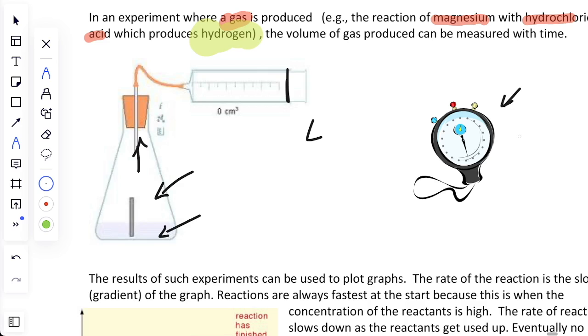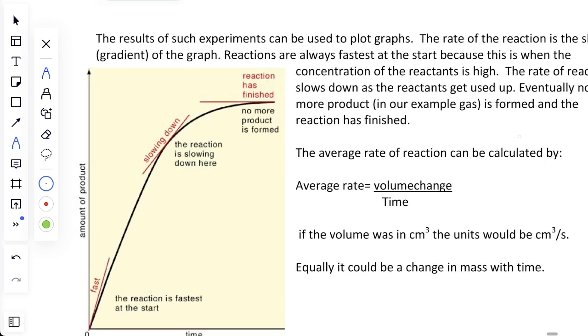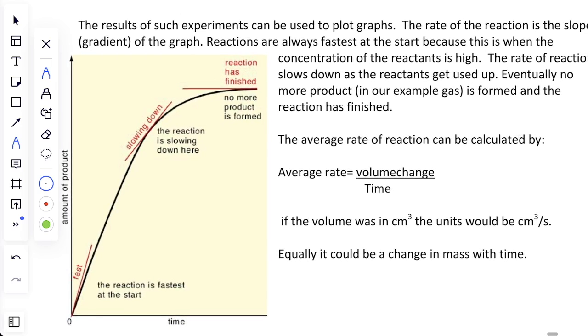Now, how do you display these experiments? Because in chemistry, we always need to represent data in different ways, and the best way would be a graph. The results of such an experiment can be used to plot graphs. The rate of the reaction is the slope. Guys, get this. This is the slope. That means the steeper it is, the faster the rate of the reaction.